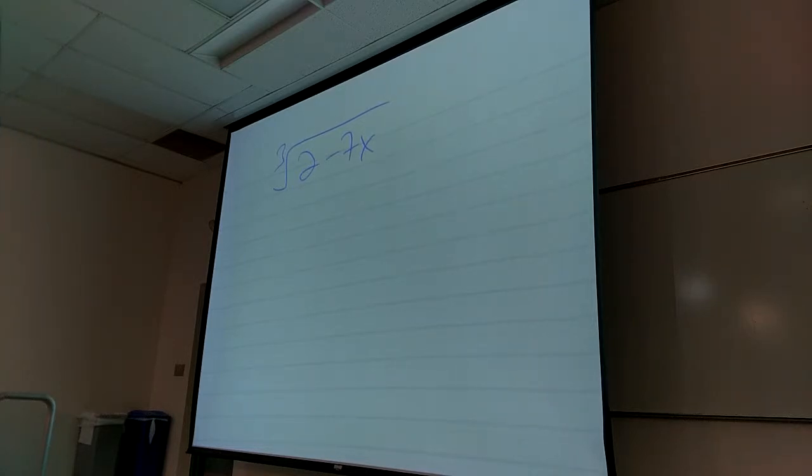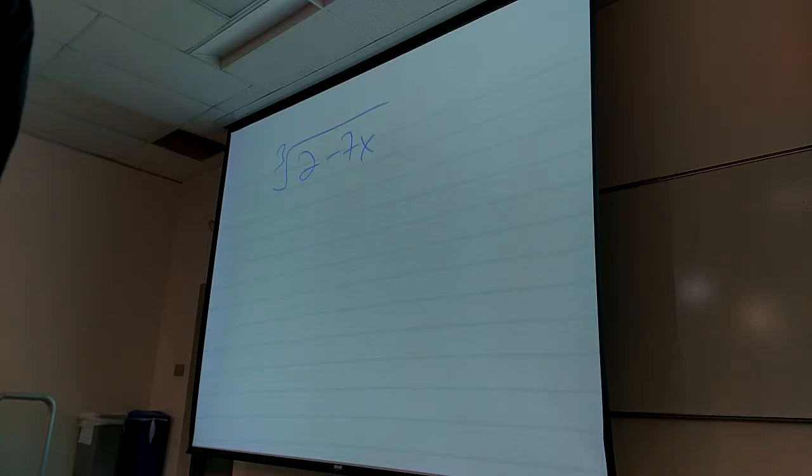So does the cube root have any issues anywhere? No. So in English I would say the inside can be anything. So what's the answer for almost any odd root domain question? All real numbers. Right? Odd roots are laid back. They can handle negatives, they can handle positives, they can handle zero. It's the even roots that are uptight.